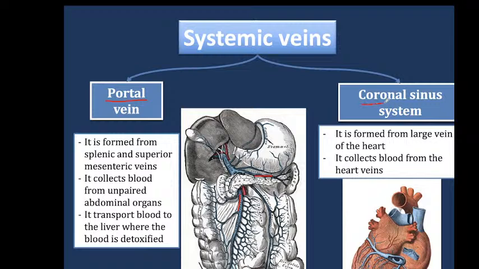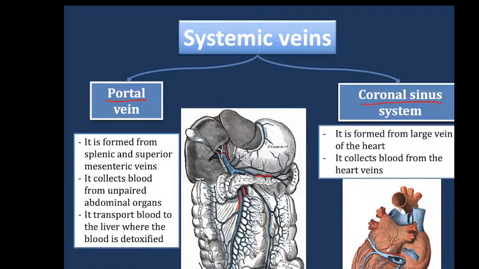And the smallest venous system is the coronary system, which is located in the heart. The heart as an organ has a special blood circulation, and the heart has coronary arteries and cardiac veins, and these cardiac veins come into the structure called the coronary sinus.